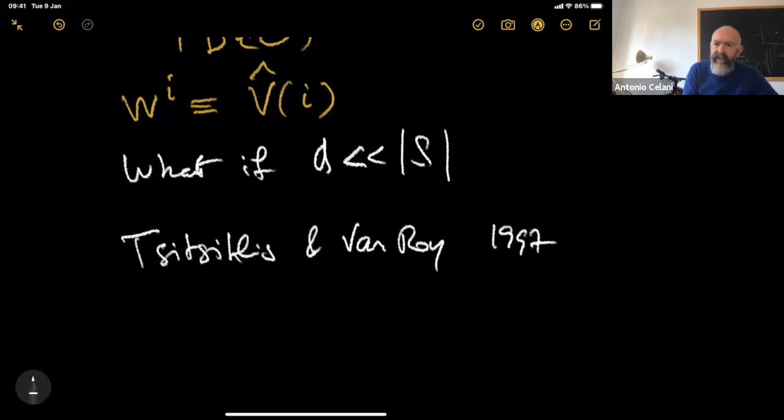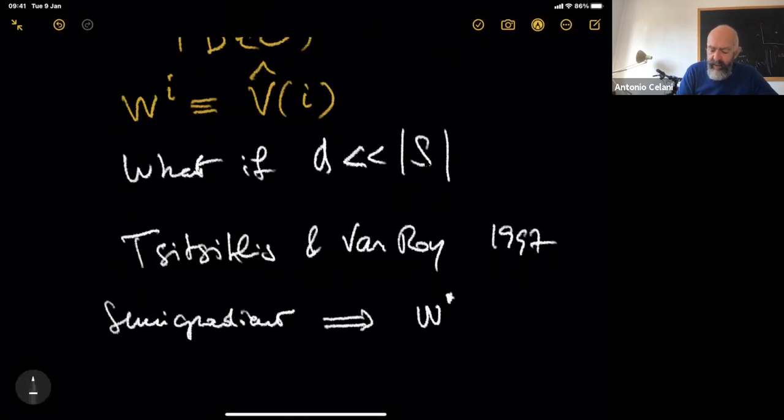You can prove that the semi-gradient method converges to a value of the weights, which we call w_TD, like temporal difference.